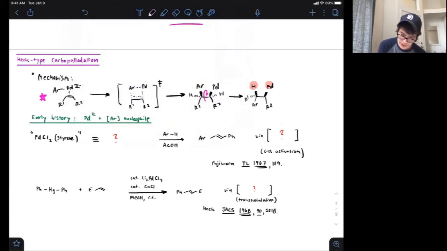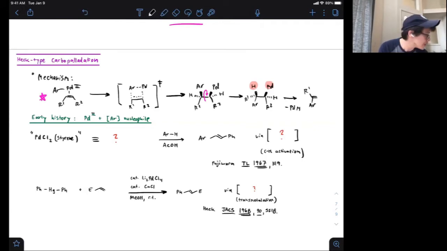There are some more exotic mechanisms where you can avoid this, but unless you see otherwise, you should know that these need to be syn, and this complicates the situation, particularly when you get to cyclic systems, as we'll see.